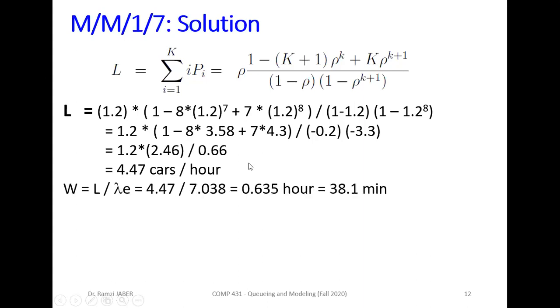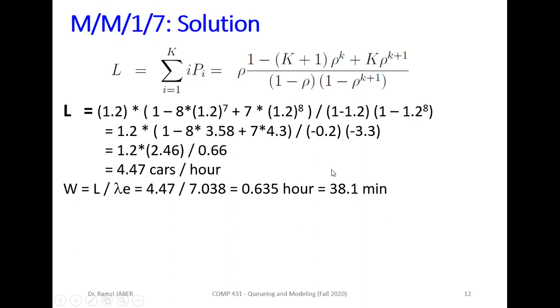Okay, so we calculate W, the waiting time. Waiting time equals big L over lambda E, which equals 4.47 over 7.038, equals 0.6 hour, around 38 minutes. As you can see, this model is almost real. When we wash our cars in the station, it takes around 40 minutes.